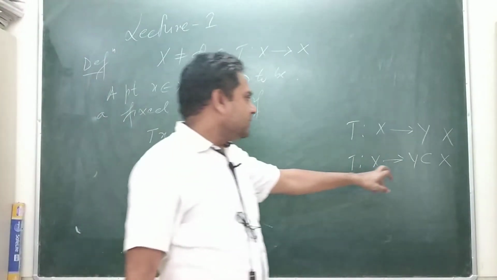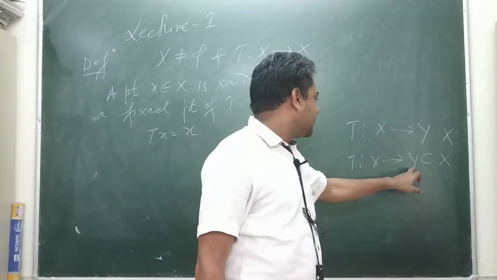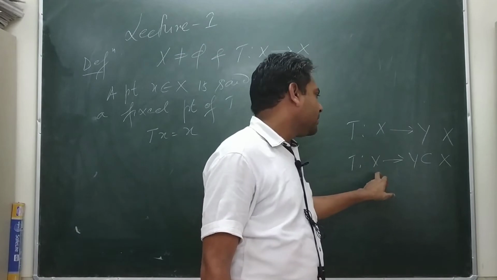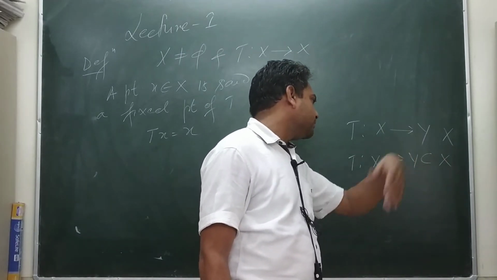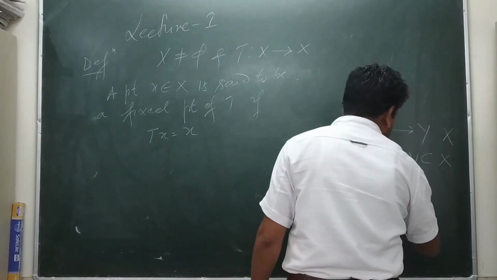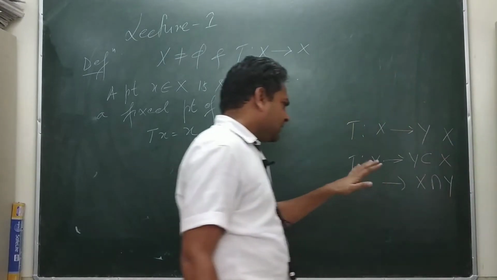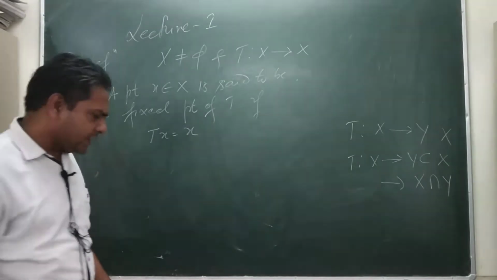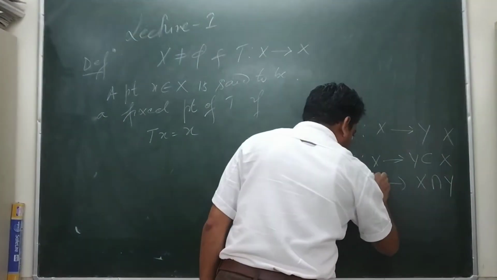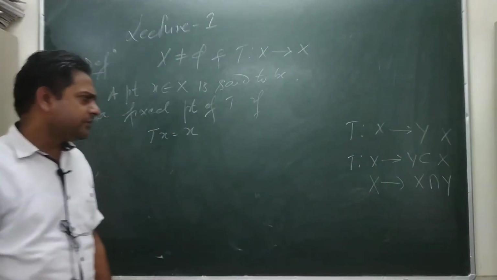So my range set should be a subset of the domain, or maybe the intersection of both, like X intersection Y. Then in this way we can talk about the fixed point. Otherwise, we cannot talk about the fixed point of a non-self mapping.